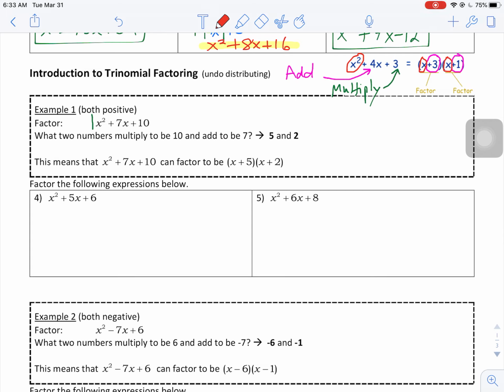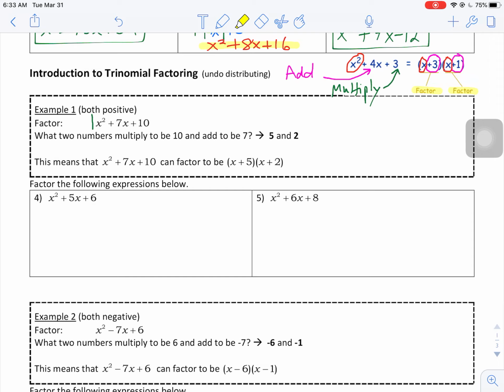The x plus 3 is considered a factor of the original expression, and the x plus 1 is also a factor. Like we've talked about before, if you multiply back out your answer, you should get what you started with, because factoring and multiplication are inverse operations, so they undo each other. So when you FOIL out x plus 3 times x plus 1, you get x squared plus 4x plus 3.